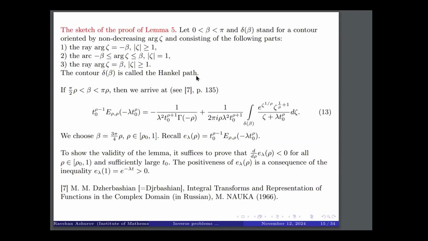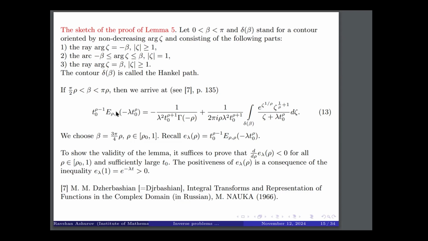We introduce the Hankel path. It is well known. So in this book by Jargishan, it is proved that this function which we want to investigate has this form 13, where beta is arbitrary in between these numbers. So we can choose beta just like this. This number is in between these two numbers. This is fine.